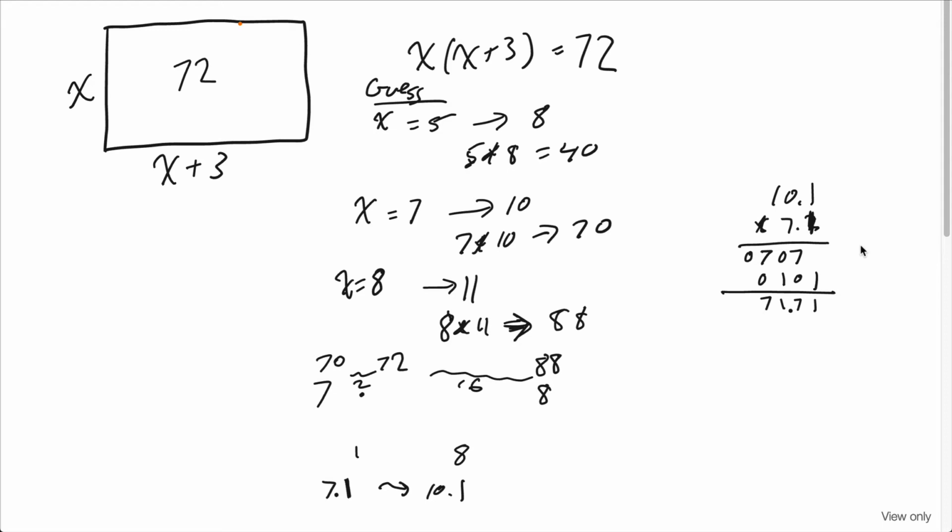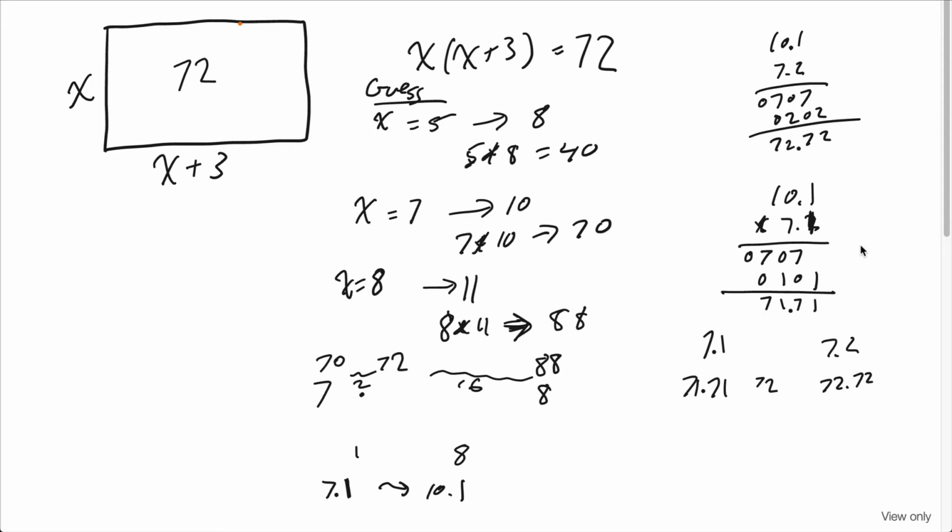So that's cool. And now, so that's already pretty close. 7.1 is pretty close, and it's going to be presumably between 7.1 and 7.2. So I could just do that real quick. Okay, well, top line is the same. And then the second one would just be double the one before. So 72.72. All right, so we've got 7.1 giving 71.71, and 7.2 giving 72.72, and we want 72.